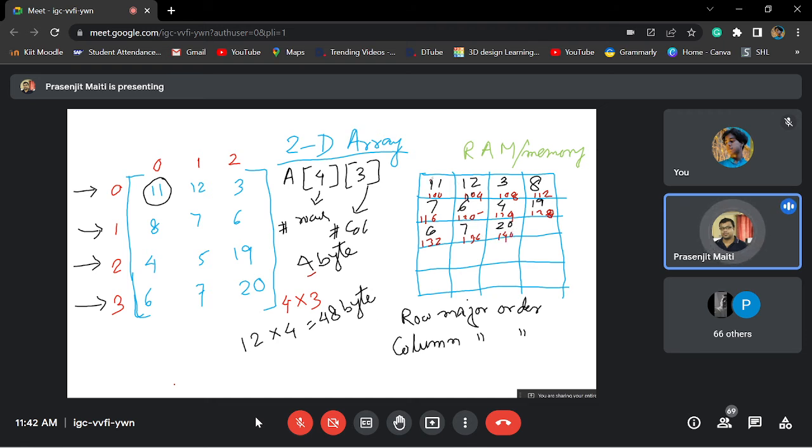This block actually occupies 4 locations in primary memory: 100, 101, 102, and 103.